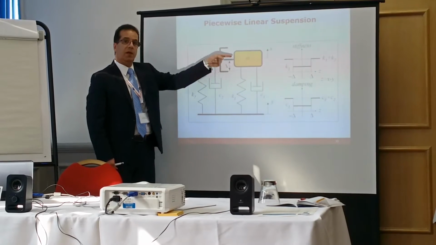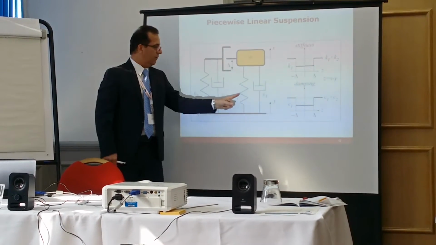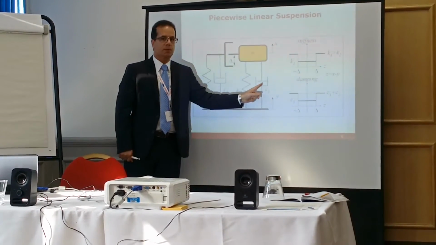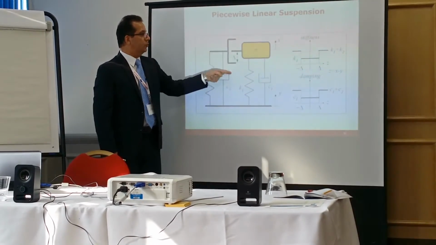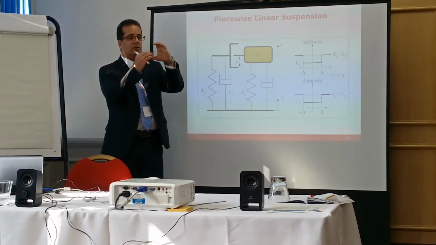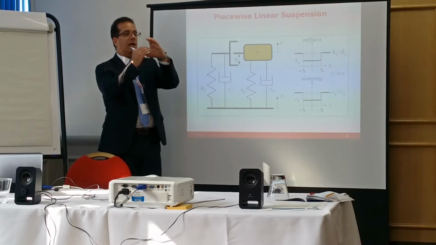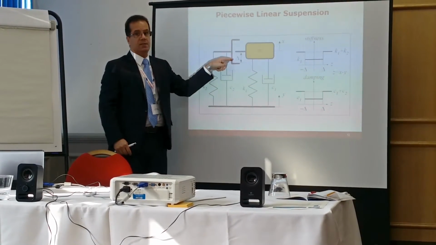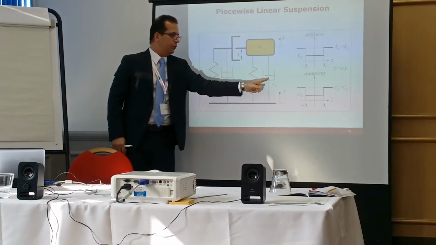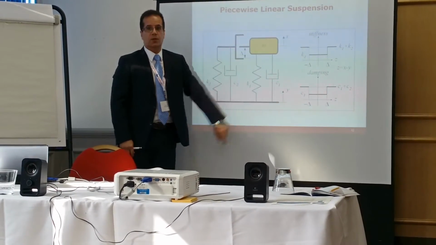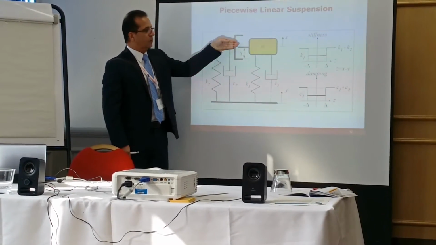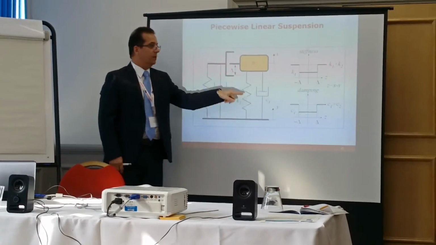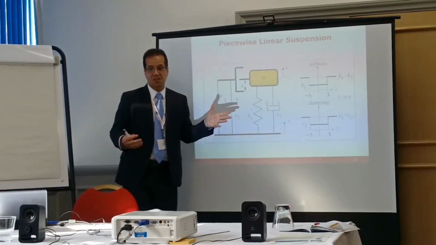So when we have a very low amplitude, we have this low damping. When the amplitude is high, it reaches the gap and the secondary system is engaged. When the secondary system engages, we have two dampings as well as two springs. So at low amplitude, low damping; at high amplitude, high damping.